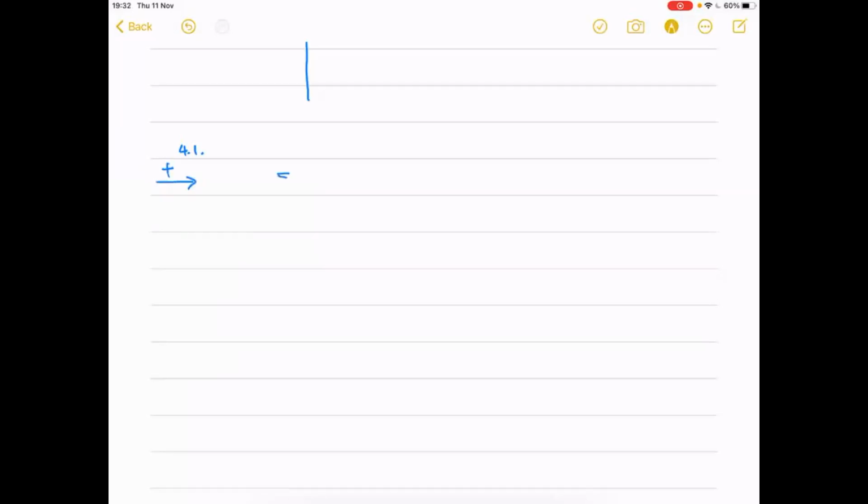So we solve this by saying the initial momentum must equal the final momentum. And if we write out our equation, we're going to have mv initial for 1 plus mv initial for 2 must equal mv final for 1 plus mv final for 2.